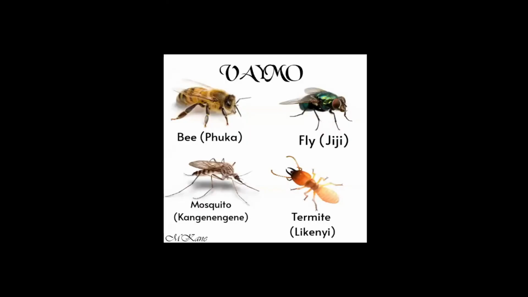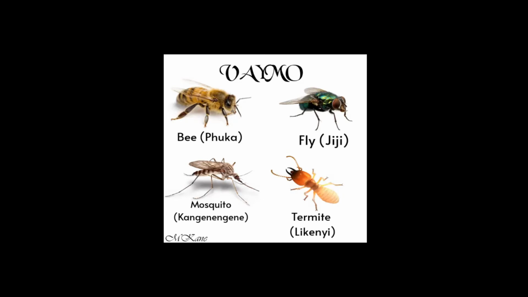Let me get this one. Okay, so I've got the bee. Bee as puka. Puka is bee. That's one.